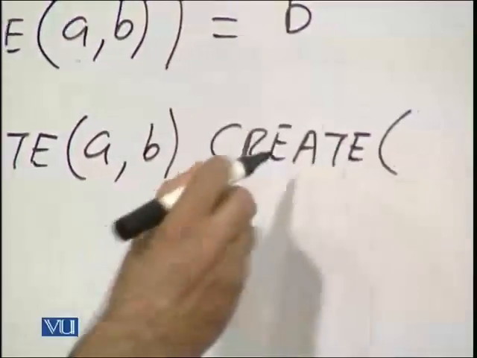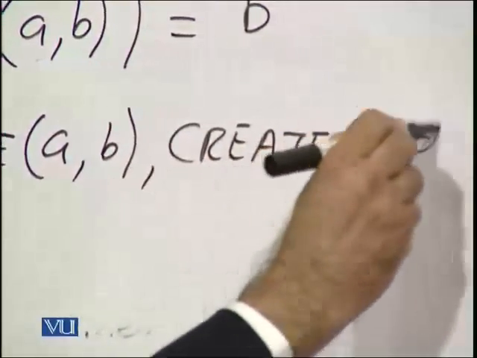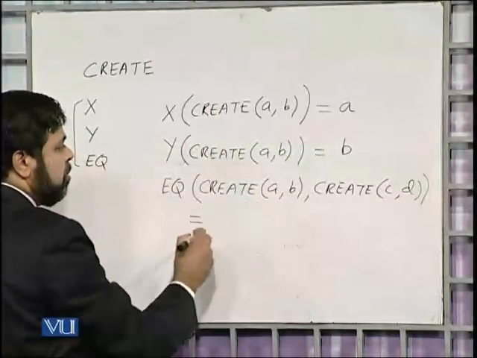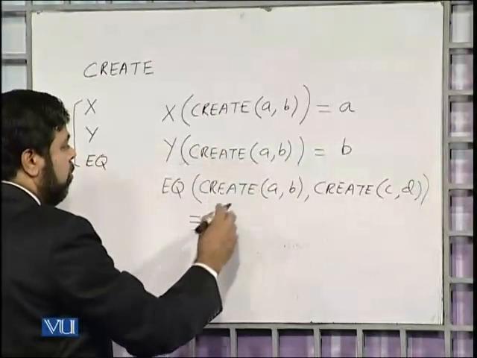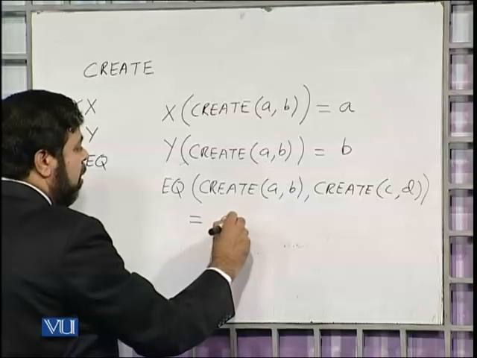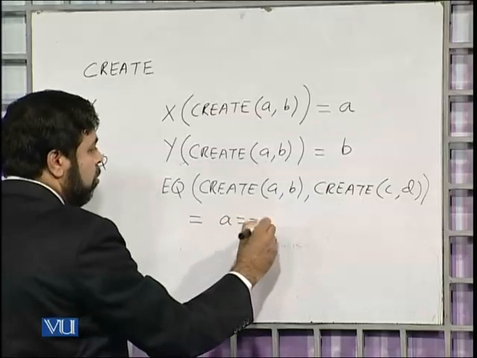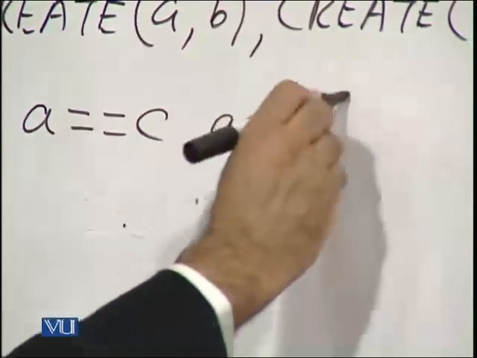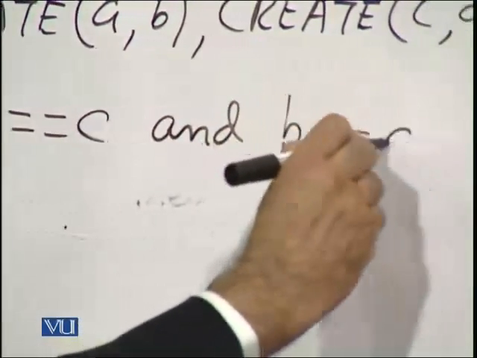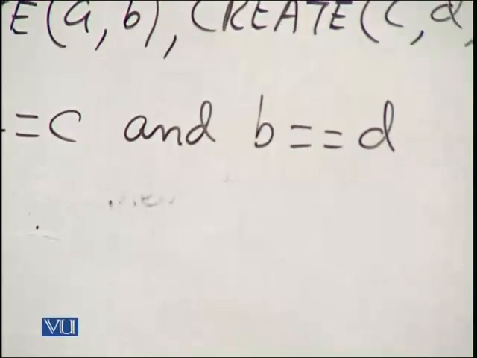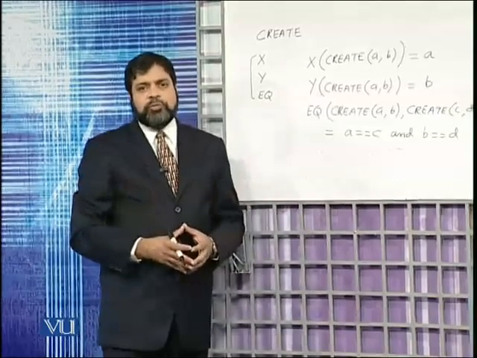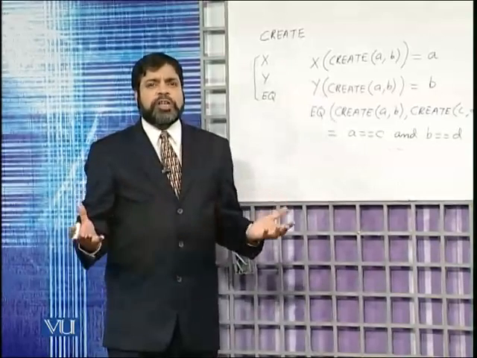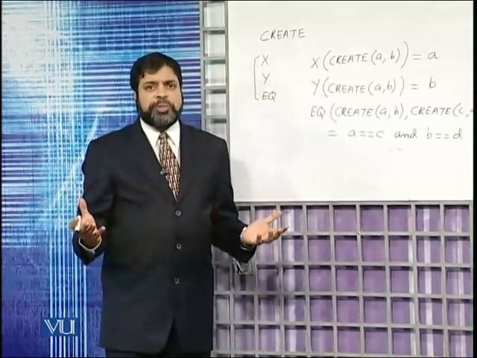We create two quads and we say it is a equal c and b equal d. So in this particular case, what happens is very simple. There is no complication about this specification.